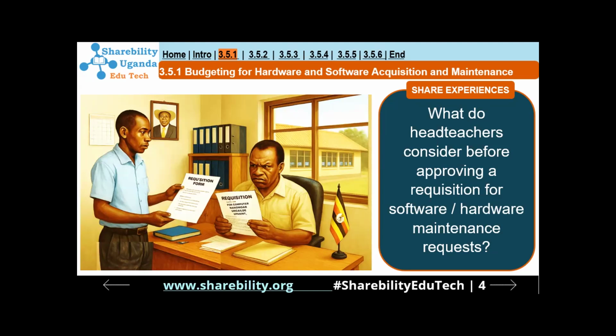Because, as you mentioned before, some teachers submit a requisition that you may find is too high. So sometimes the head teacher can refuse the requisition, because the amount of money or the budget is too big, and they may find it difficult to buy those items.